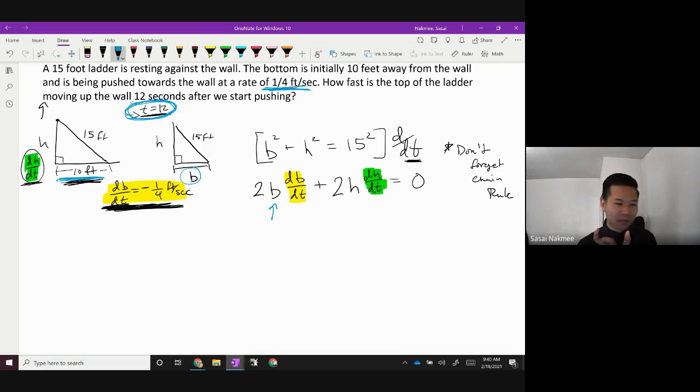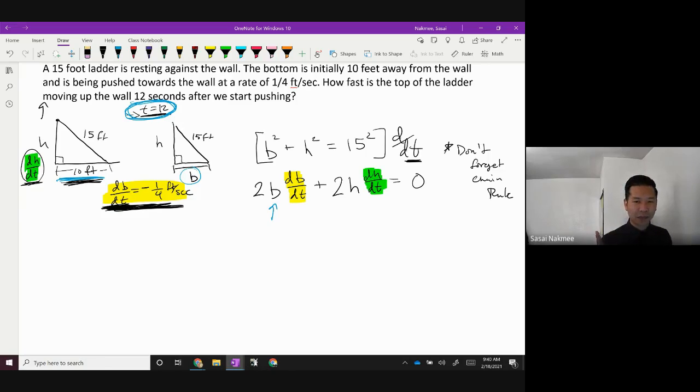So after 4 seconds, the ladder is no longer 10 feet away. After 4 seconds, it's now 9 feet away. Can you picture that? Every 4 seconds, that's what this 1/4 feet per second is saying. Every 4 seconds, it's getting closer to the wall by 1 foot.